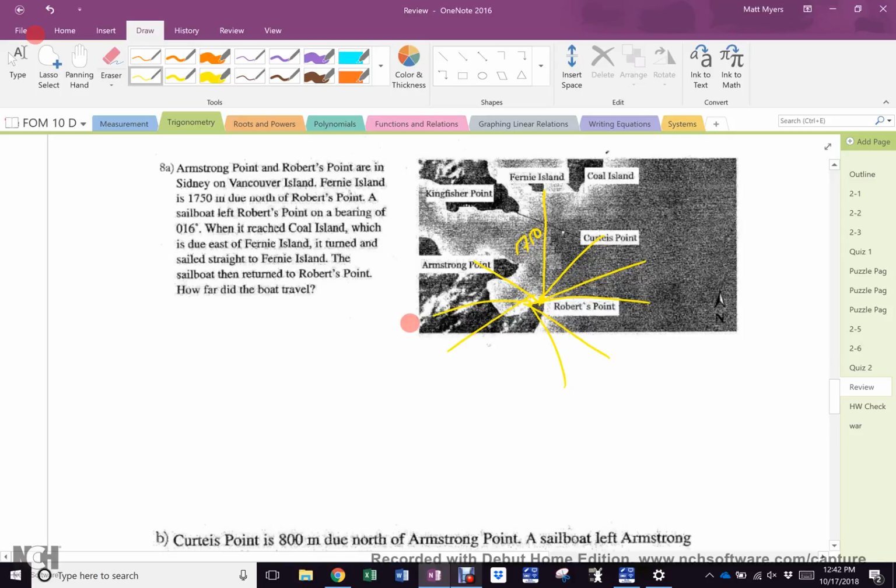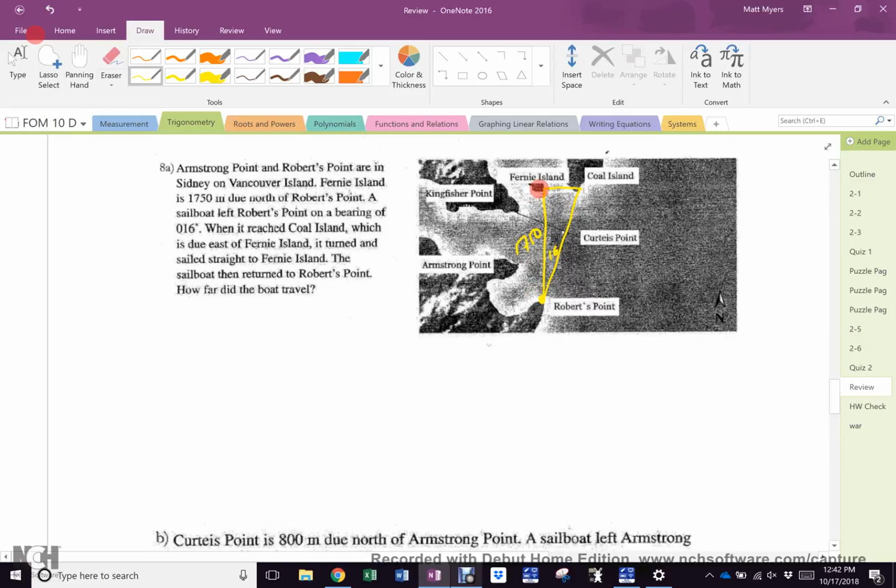But he went to Coal Island, which is only in one direction, right there. Then he sailed to Fernie, then he came home. Where is the only place that can possibly be 16 degrees? In there. Because north is 0.